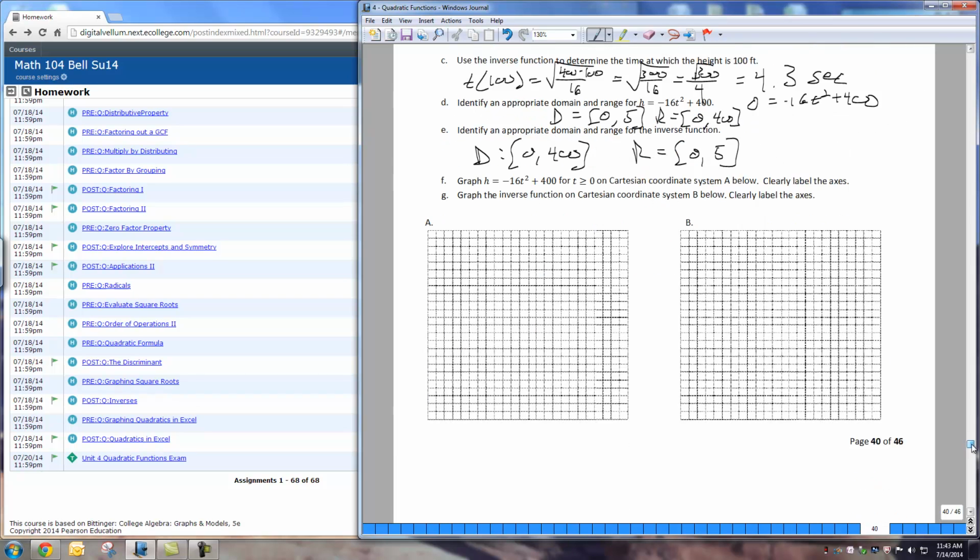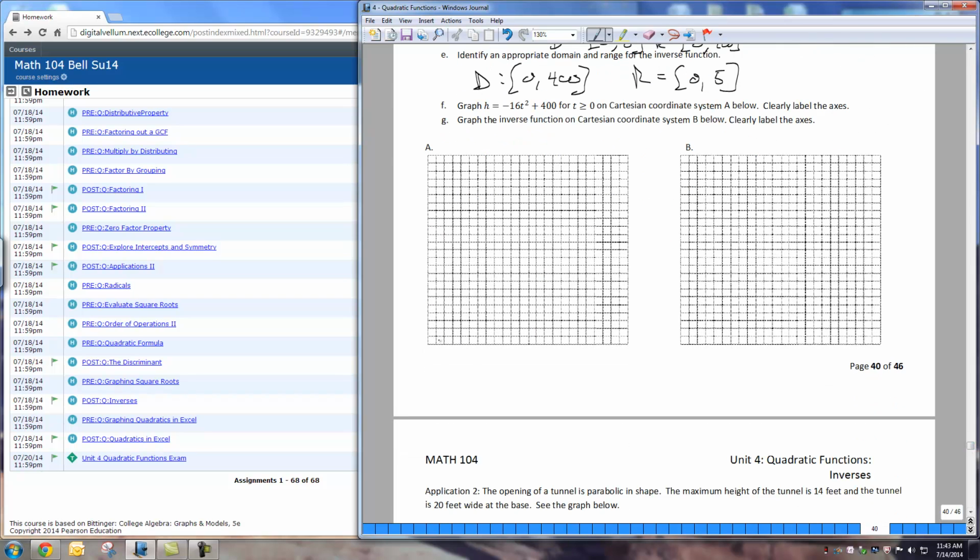So let's graph these two things next to each other. So if I graph it where this is t and this is h of t, then I'm going to graph it the other way around where this is h and this is t of h. So when time is 0, this graph is at 400. So let's make each line be 25 feet.